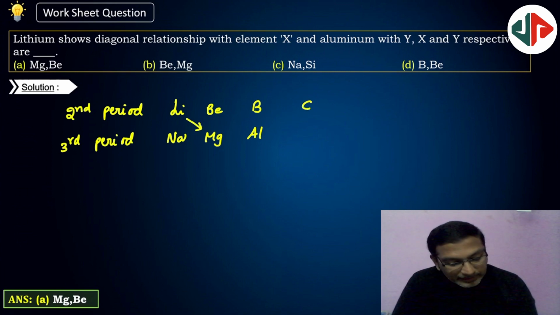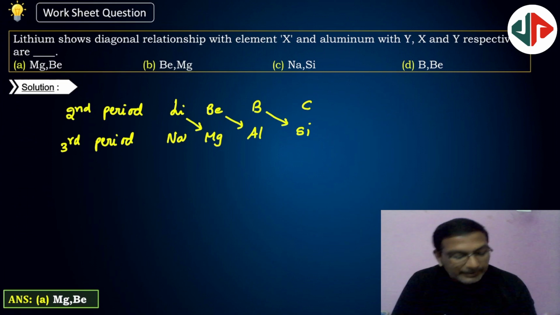Next I will add carbon also: carbon and silicon, beryllium and aluminium, boron and silicon. These are diagonal elements. Lithium shows diagonal relationship with X, that means magnesium. First magnesium should be there. Next aluminium with beryllium.